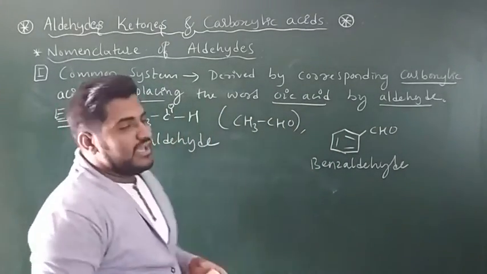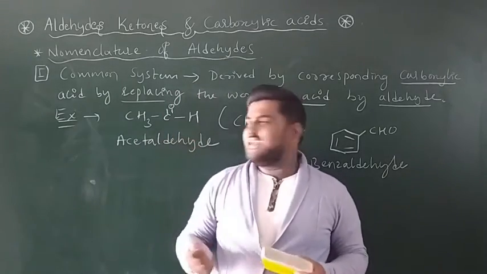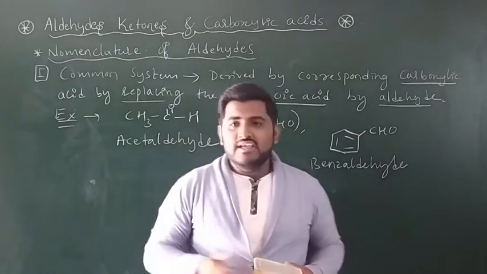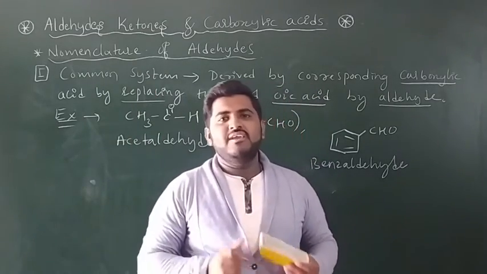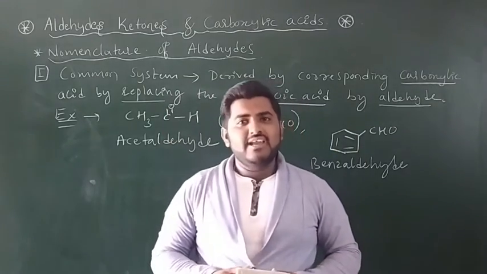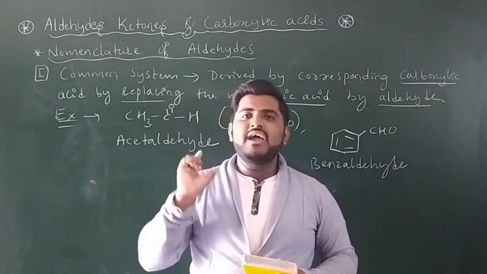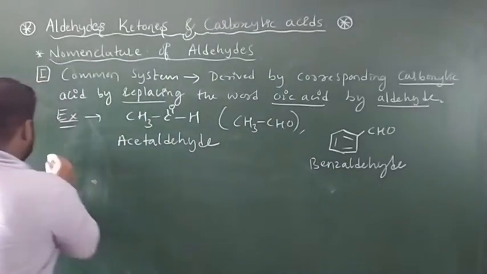So like that we have to name aldehydes in the common system. Later we will discuss some more examples regarding aldehyde nomenclature. Okay, so up to now you have studied what the common system of naming aldehydes is, that is, derived from the carboxylic acid where the oic acid word is replaced by aldehyde. Then the second system is the IUPAC system.